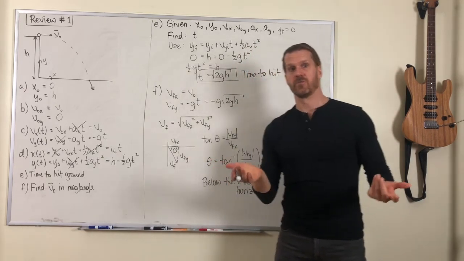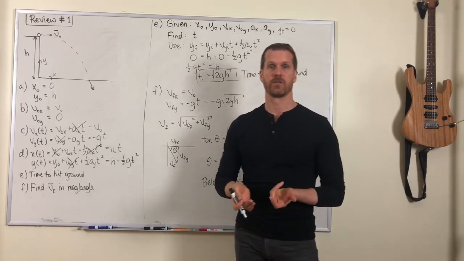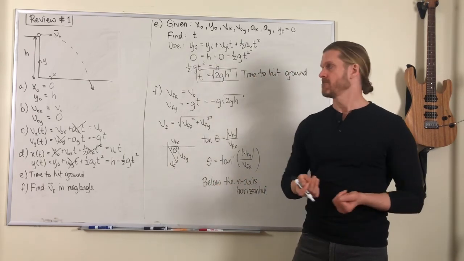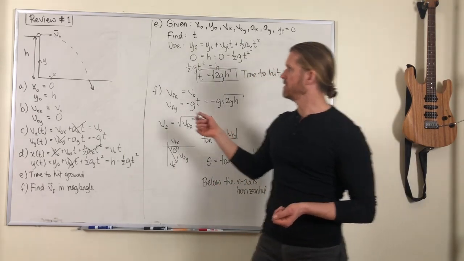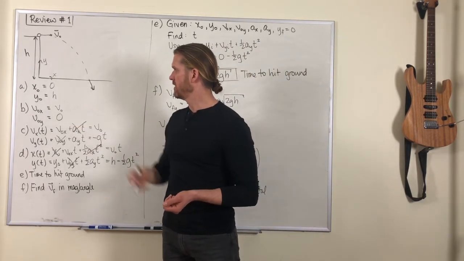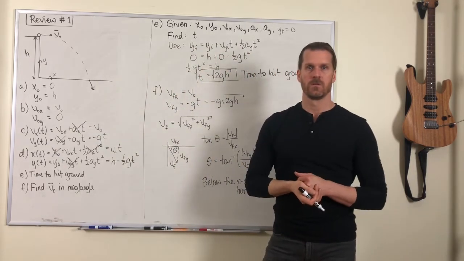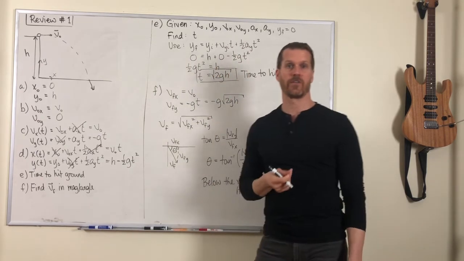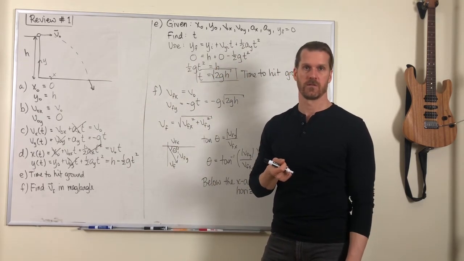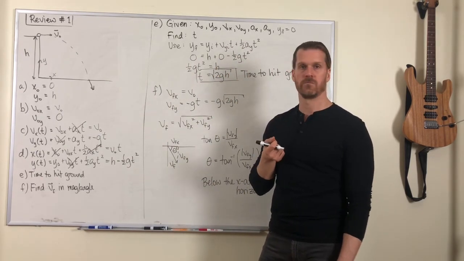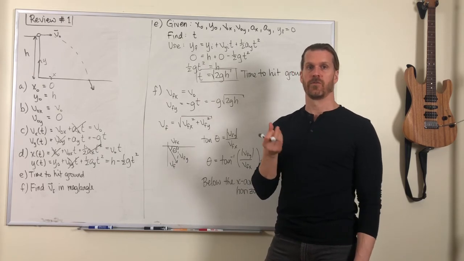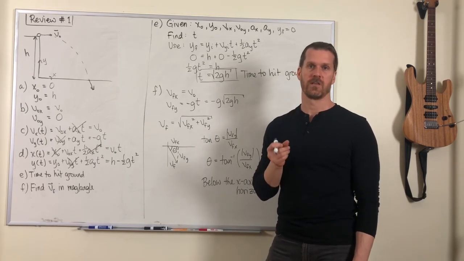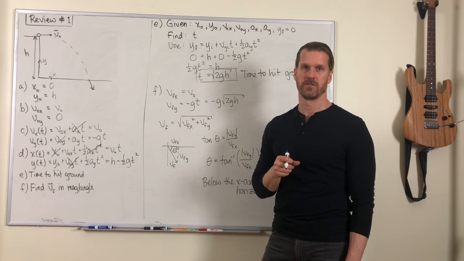Now I might ask you more of a concept question, such as why is the horizontal velocity component constant? And you could tell me, well, there's no acceleration happening in the horizontal direction.